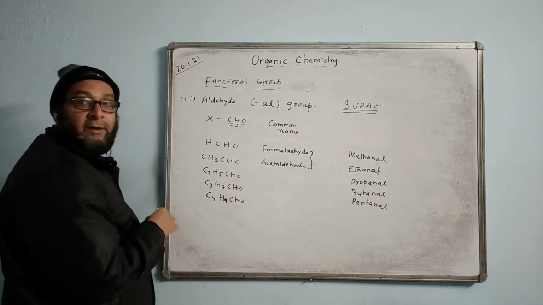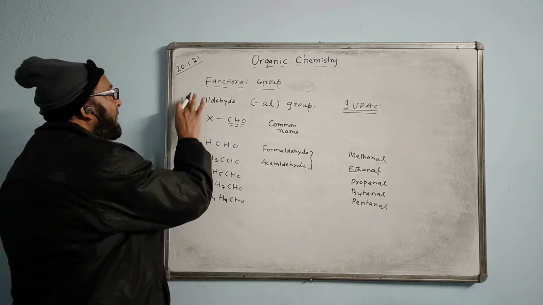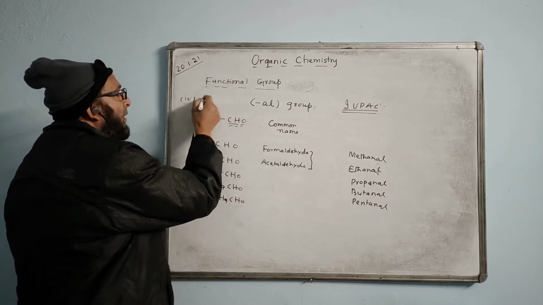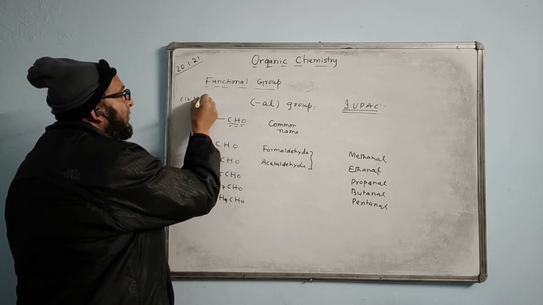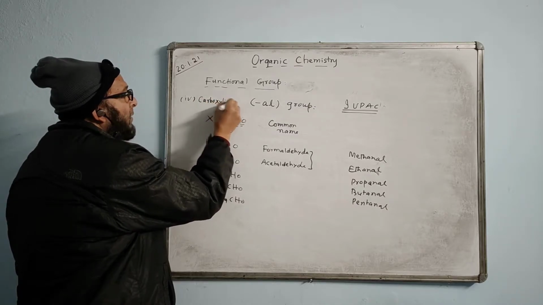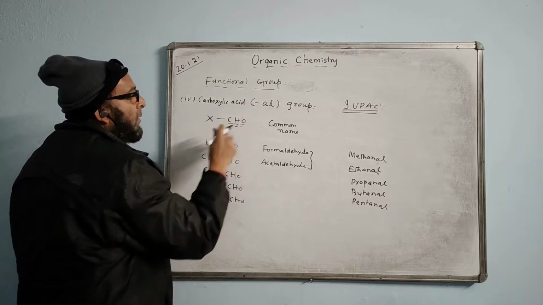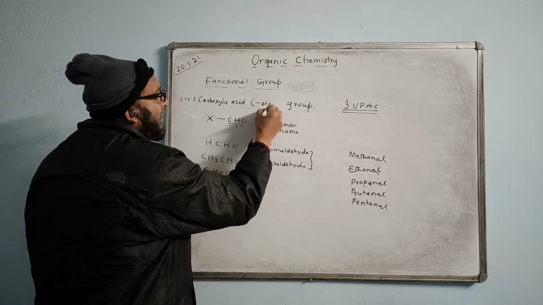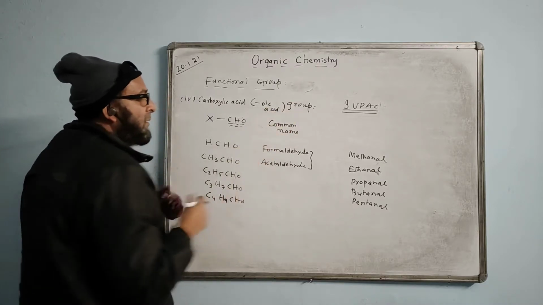So now I go to the next functional group, that is number 4. And this is called the carboxylic acid group. In the IUPAC system we call it oic acid.